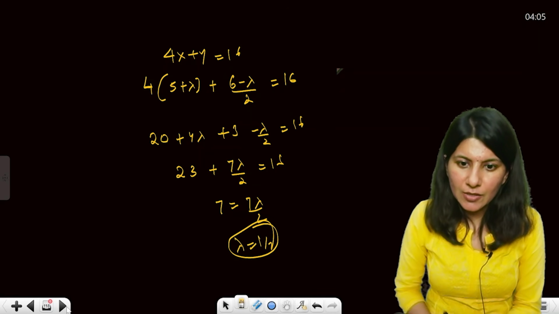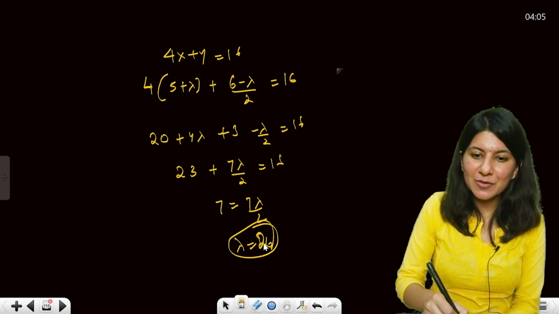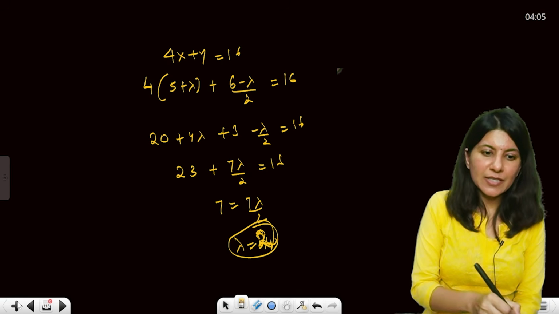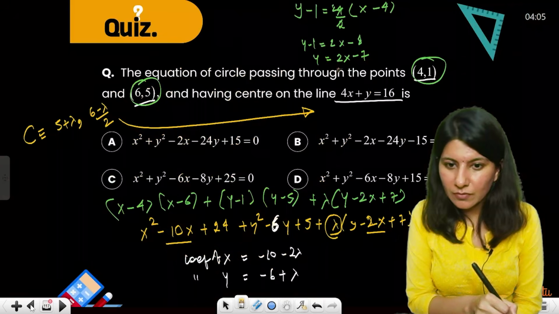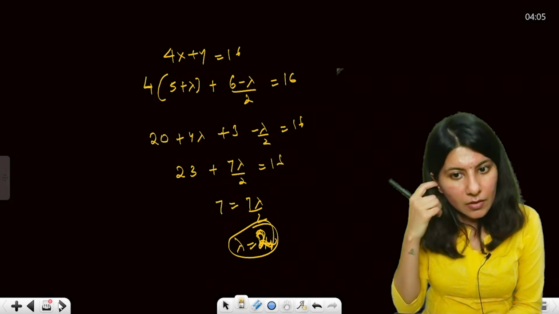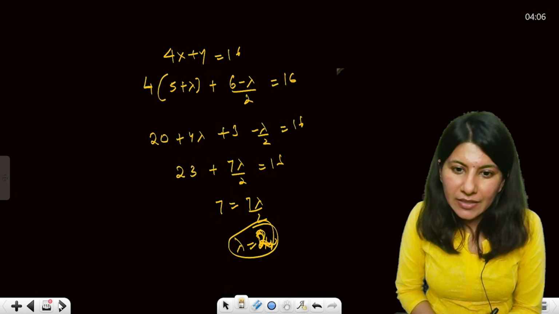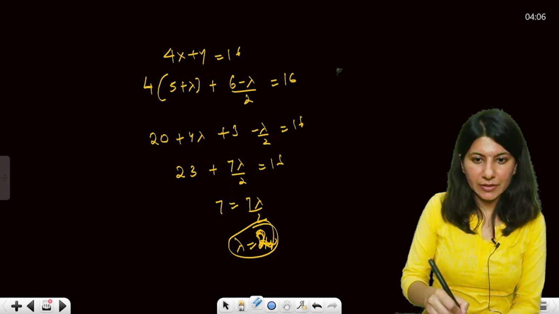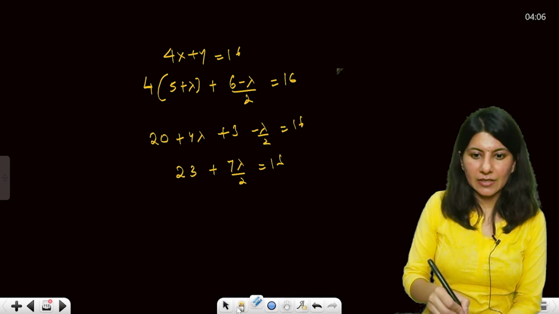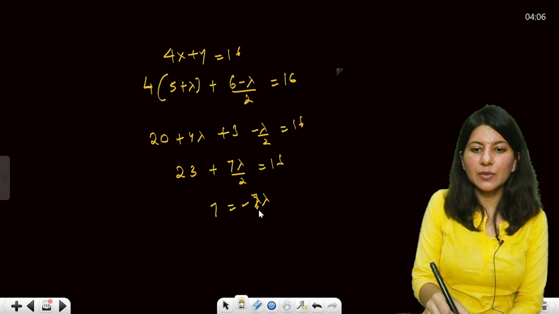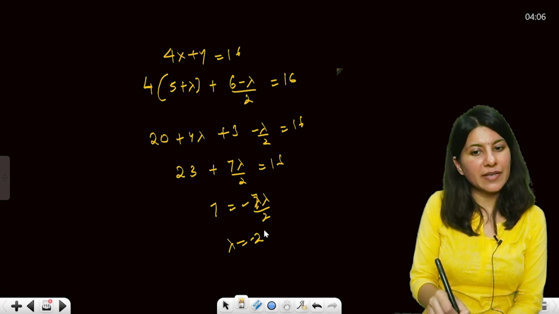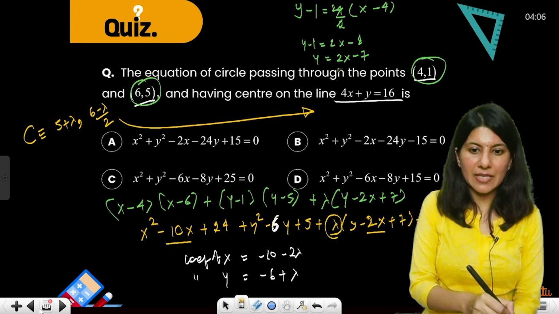Hold on. Sorry, lambda is 2, right? Lambda is 2 from here. Yes. Lambda is 2, correct? So if lambda is 2, 23, hold on, 23, sorry. 23 minus, so 7 is equals to -7 lambda by 2. So lambda is coming out as -2, correct. Now it's fine. Lambda is -2, right?